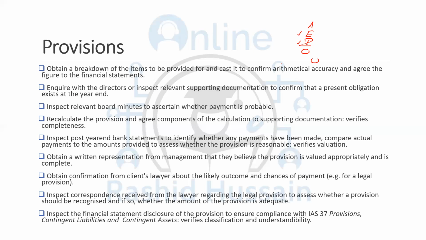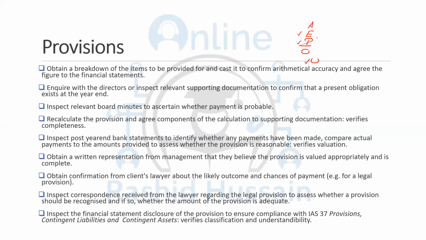And then the recalculation, for example, if it's about depreciation, then recalculate the depreciation. If it's about the provision, then recalculate the provision. So it's the U procedure, which is recalculation.